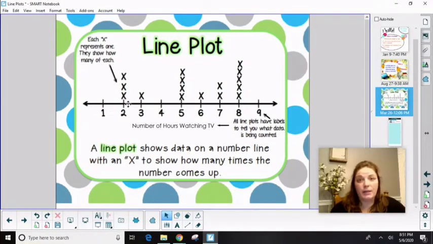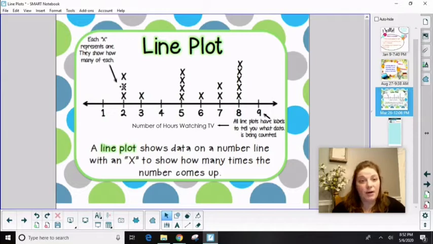So let's pretend that I did a survey and I asked my students, how many hours did you watch TV? This X right here might be you. Maybe you watch 2 hours of TV. If you watch 2 hours of TV, then your X would go right here. Let's say I ask your friend the same question, and they watch 2 hours of TV.